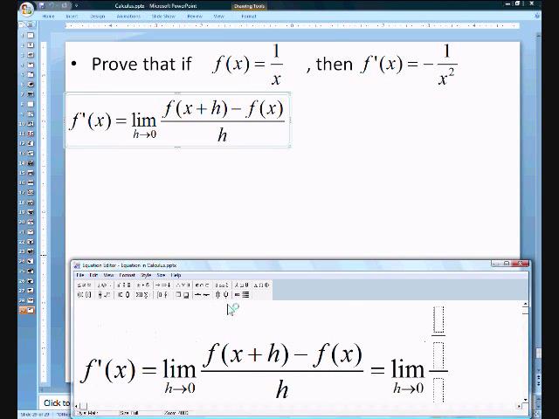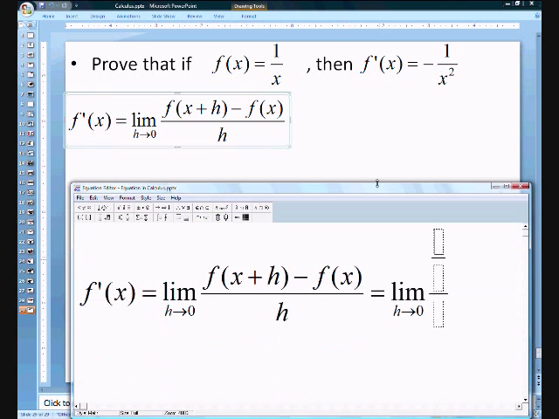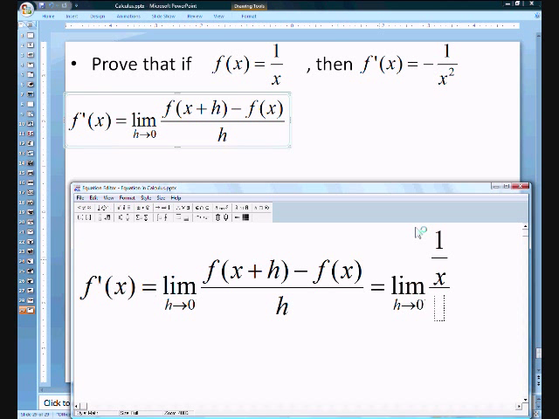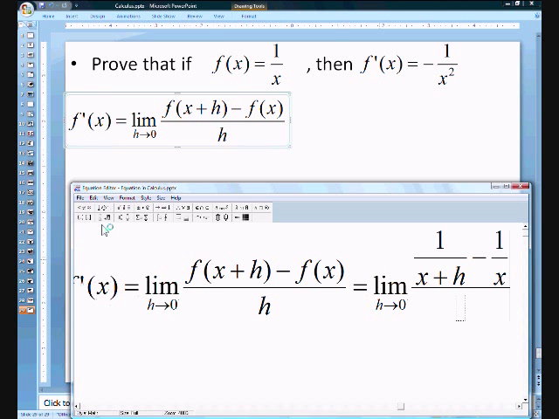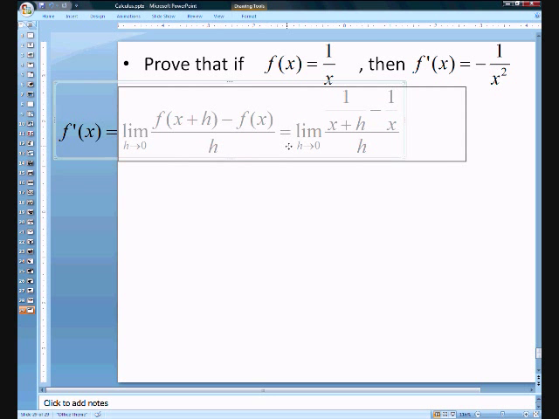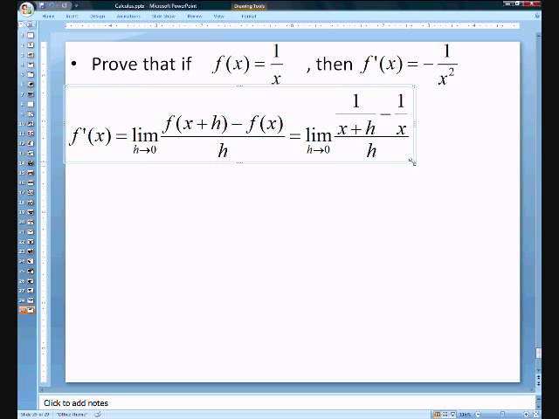This is going to be 1 over x plus h, subtracting 1 over x, and then in our denominator we will have h. Alright, so I think I'm right so far.